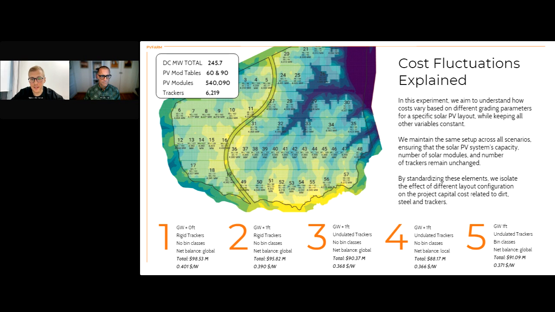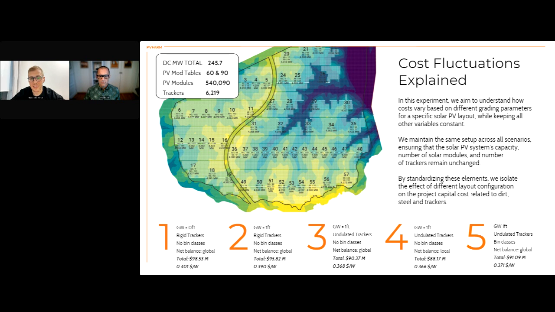And then in option number 5, we started doing bin classes. What that means is that when we run our gradient analysis and our cut and fill optimization, piles are designed based on minimum and maximum pile reveal and on embedment, specifically for different areas with different geology, right?